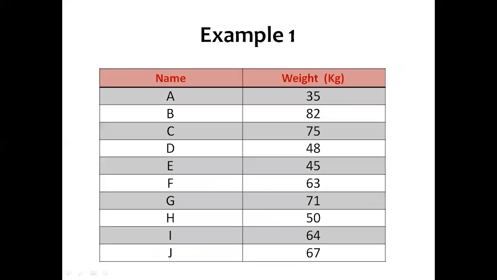To make it simple, let's take an example. Let's say there are 10 students in the class. I am interested in knowing the weight category of these different students. So what do I have to do? First things first, I have to collect the information from the students about their weight.